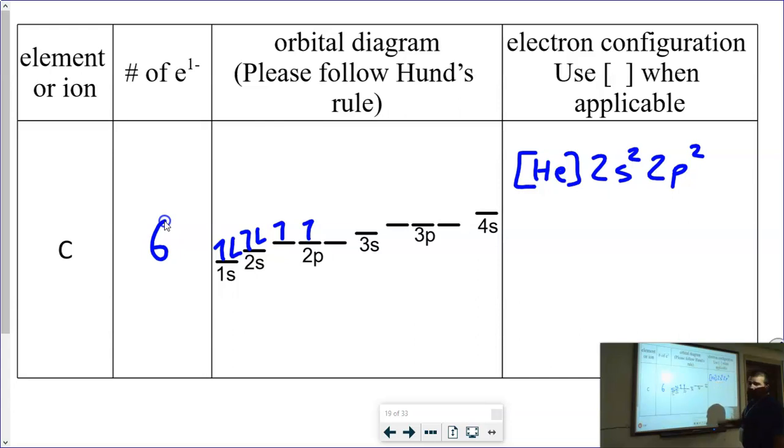In reality, that abbreviation has saved me zero ink and zero time, because it would otherwise have been 1s2, 2s2, 2p2. So it doesn't really matter in this one. It's kind of a wash.